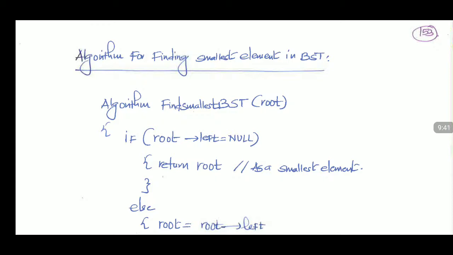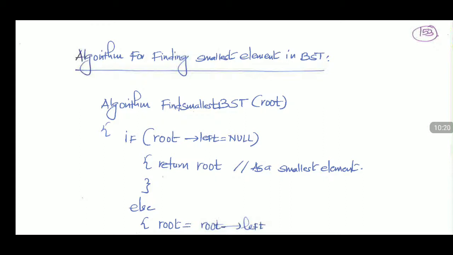To find the smallest element, we'll start with the algorithm, and that algorithm's name is find smallest from a binary search tree. As I told, the smallest element of a binary search tree is located in the leftmost portion, so we are passing the root to the algorithm.